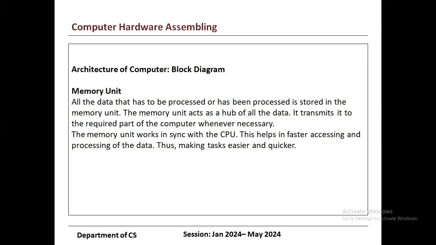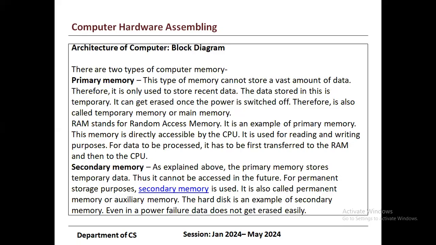This helps in faster accessing and processing of the data, thus making tasks easier and quicker. The memory unit of the computer consists of two parts. The first part is primary memory, and secondly, secondary memory.